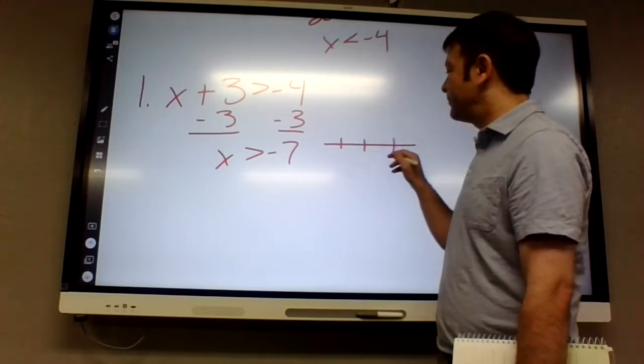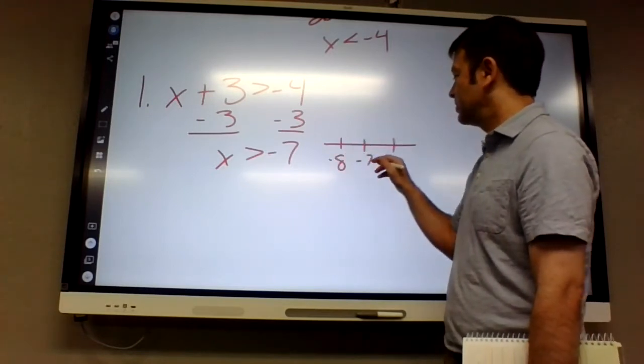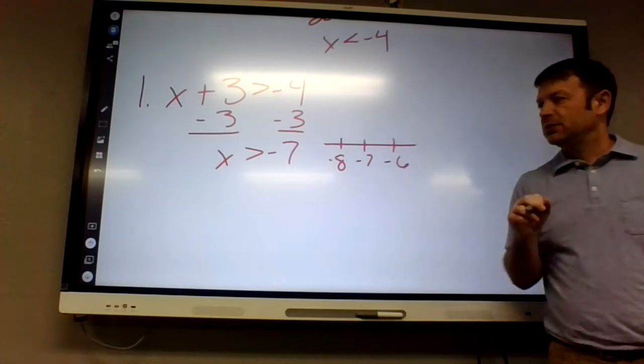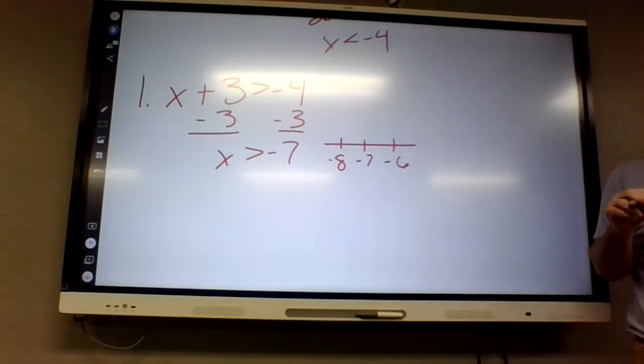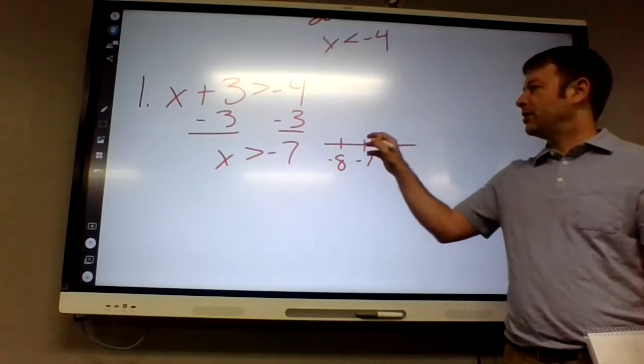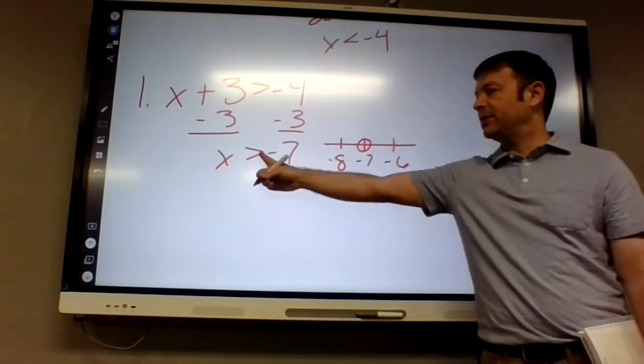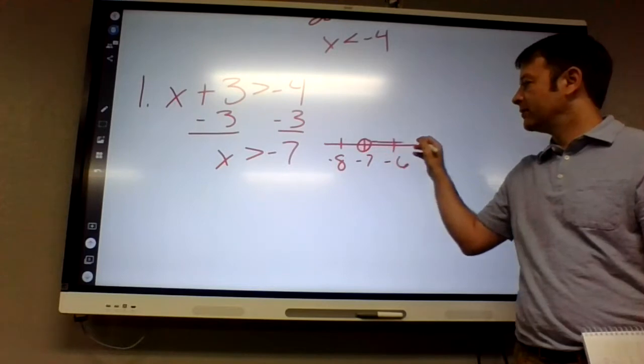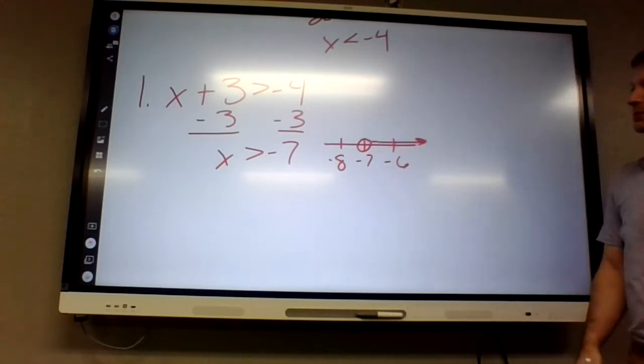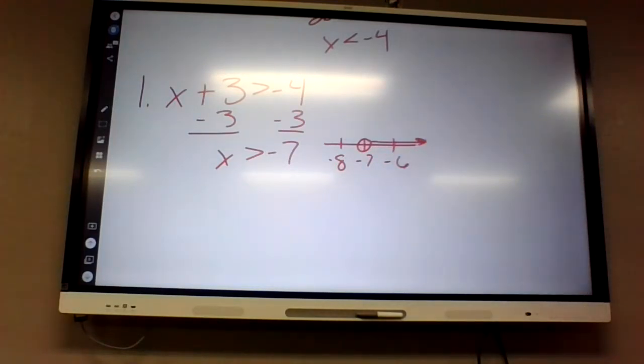So we're supposed to graph it. Which way should the arrow go? To the right. Okay, open circle at -7. All the numbers greater than -7 are to the right of -7. So basically that's what I want to see on number 1.